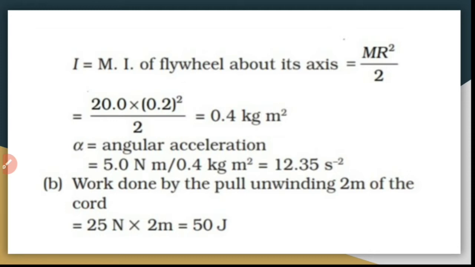The expression for work is force into displacement, F dot S, that is Fs cos theta. Theta becomes 0 because force and displacement are in the same direction. So Fs cos 0 is Fs: 25 into 2 meter, that is 50 joule. So we are getting work done as 50 joule.